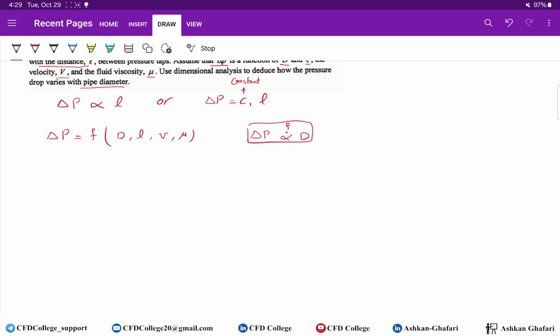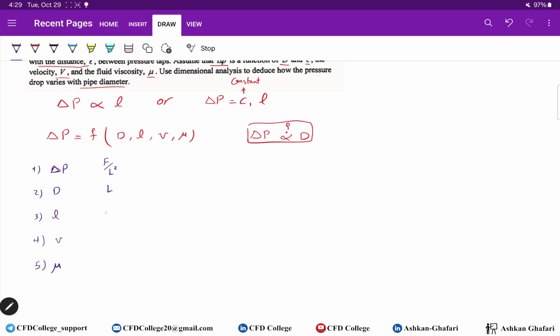So the first step is to make a list. We have delta P and 4 other parameters, so we have 5 quantitative parameters: delta P, D, L, V, mu. The units: pressure is F over L square, force over area.